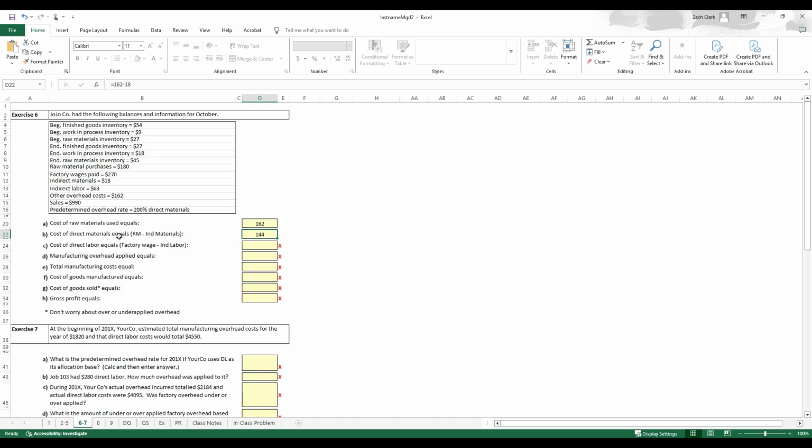So cost of direct materials equals raw materials minus indirect materials. That one's a little tricky and confusing, but that was how we calculated that out.